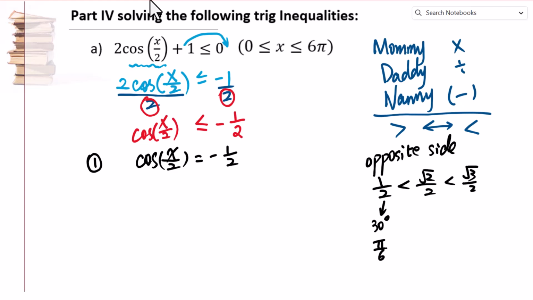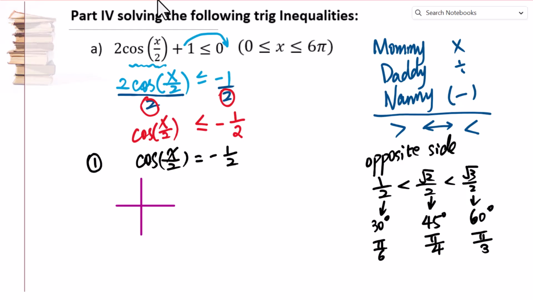If the opposite side is square root 2 over 2, the reference angle is 45 degrees, which is pi over 4. For the opposite side square root 3 over 2, the reference angle is 60 degrees, which is pi over 3.